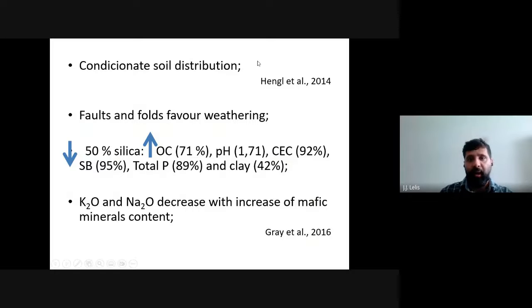Okay, we have some works and some papers that present different soil classes according to parent material, and especially rocks, so we can understand which kind of soil class or soil group will be present in an area according to the parent material, according to the rock that's dominant in that area.